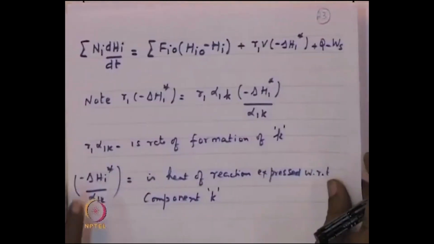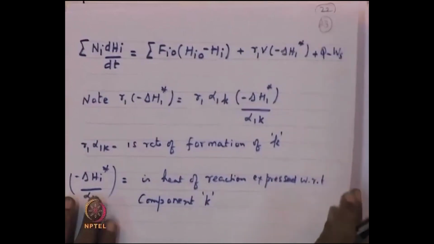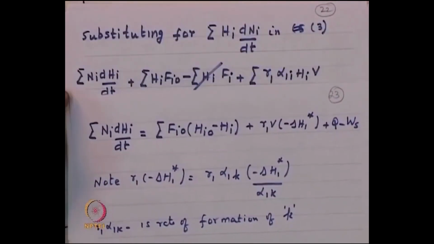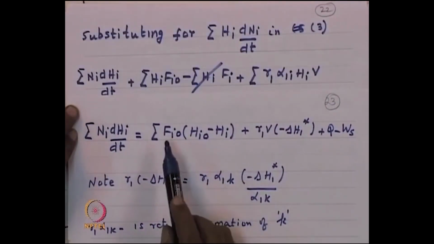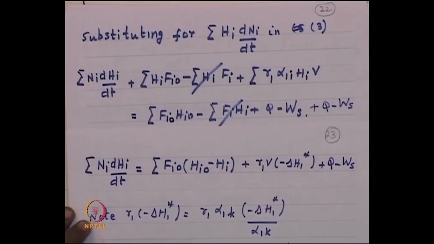So, it simplifies as N_i dH_i by dt and f_i0 from here, H_i minus H_i0, and this term becomes R1 times delta H1 star, which is the enthalpy change for reaction, plus Q minus W_s.